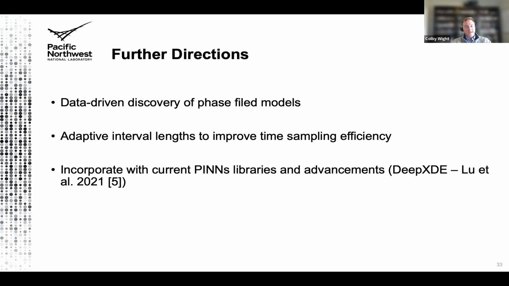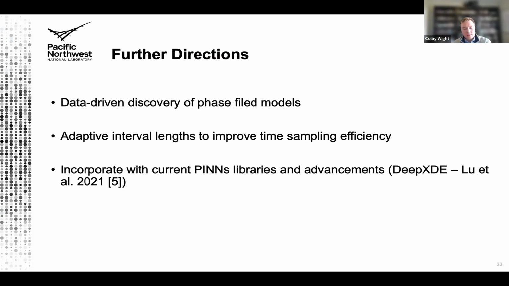Because as you start to split up the problem into time domains, it can become more computationally expensive. But there might be ways to selectively or adaptively change the lengths of the different intervals depending on how difficult those intervals are to solve.